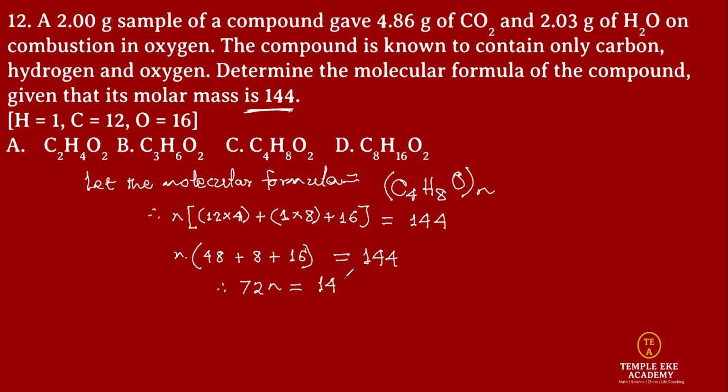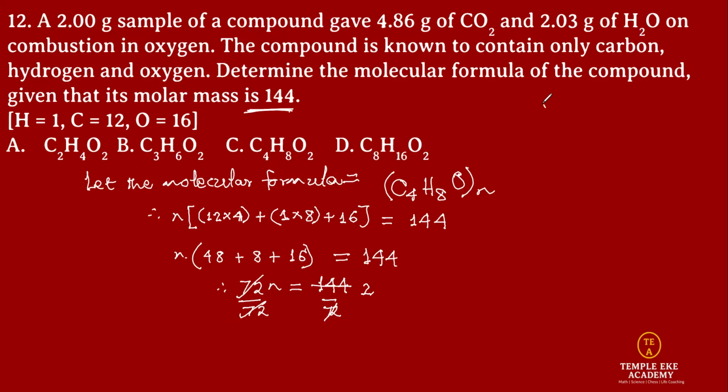And now this is an ordinary linear equation in one variable. We can isolate N by dividing both sides by 72. That's right, 72 divides through, leaving N. And now 72 divides into 144 gives us 2. Therefore, the value of N is 2. Now we can write the molecular formula.